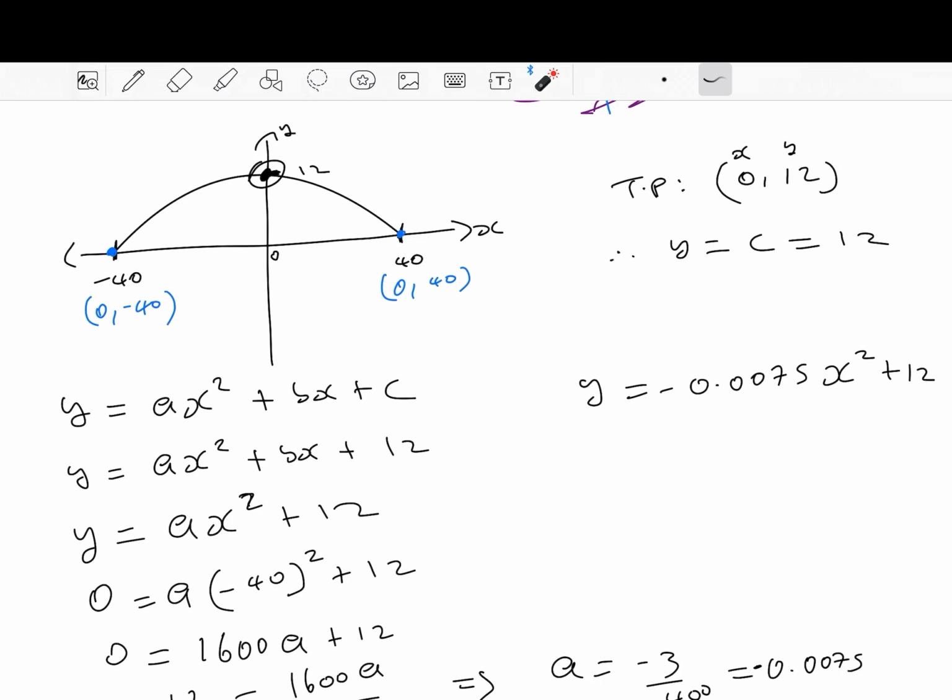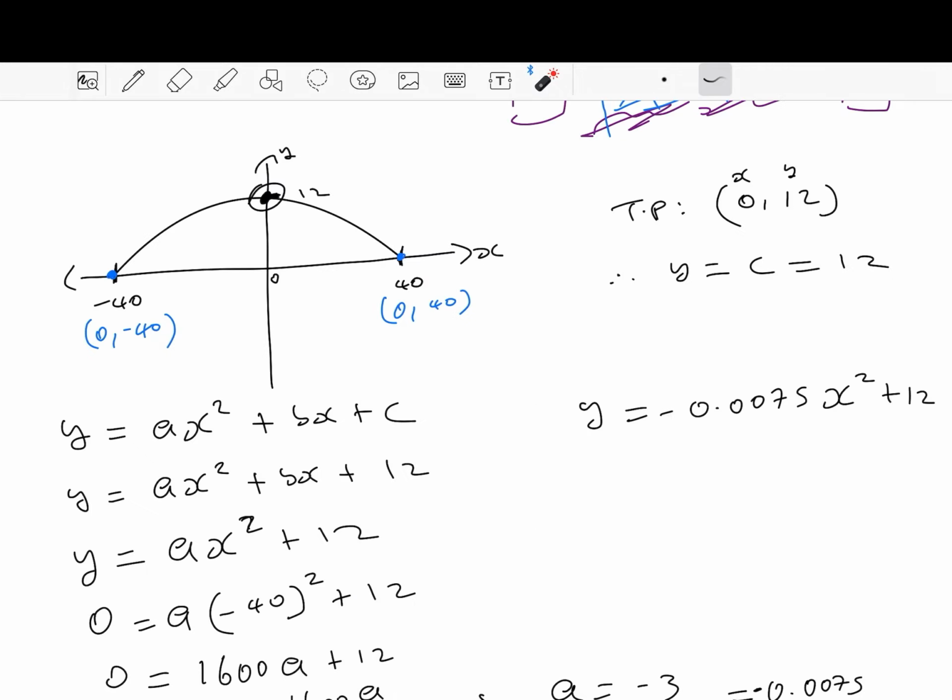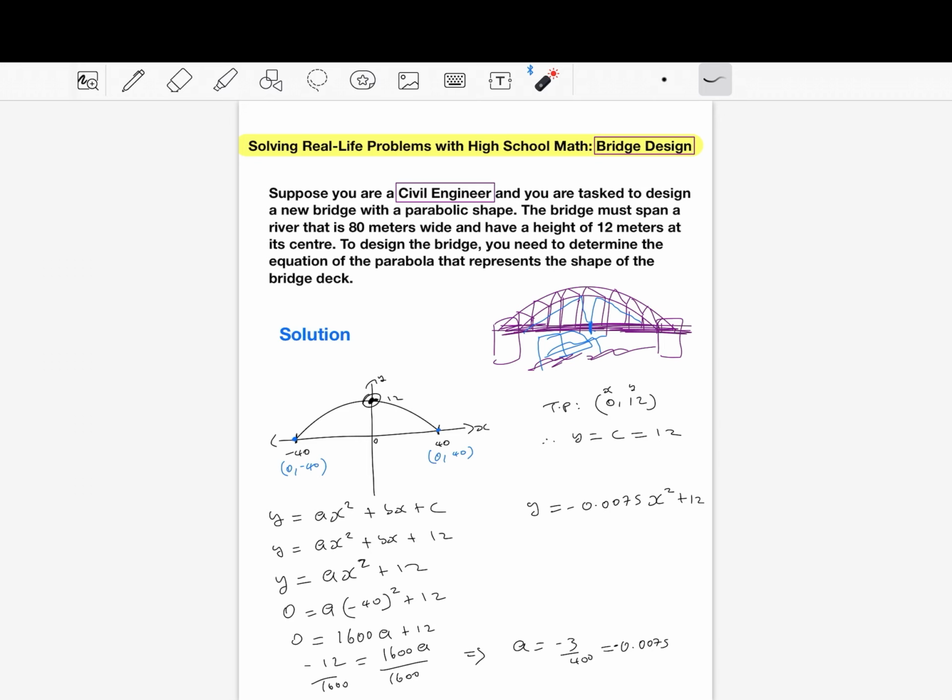From there, you can design a beautiful bridge as a civil engineer. It's exciting. This is exciting. Why am I so excited about this work? I hope you're getting the same excitement that I'm getting as well.